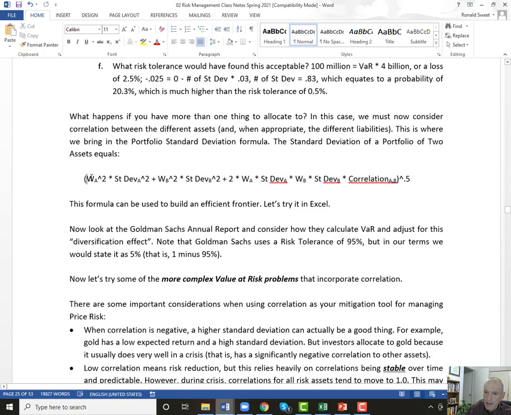Well, they take the weight of the first one squared times the standard deviation of the first one squared, plus the weight of the second one squared times the standard deviation of the second one squared, plus 2 times the weight of A times the standard deviation of A times the weight of B times the standard deviation of B times the correlation of A and B. You take all of that and take the square root. Now, I say weight here, weight squared. Usually weights will be in percents, but they can be in dollars.